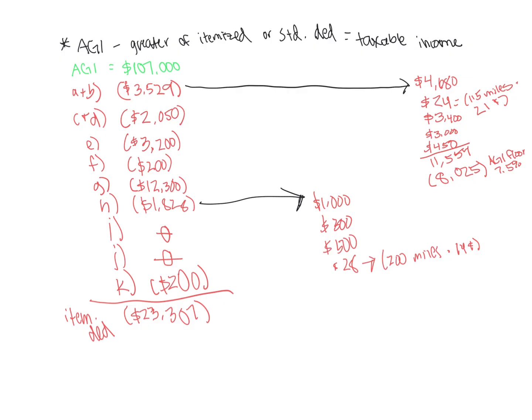Then we want to take those itemized deductions and compare them to our standard deduction. And the standard deduction amount for a single taxpayer, because up at the very beginning of the fact pattern it said that Shauna was single.